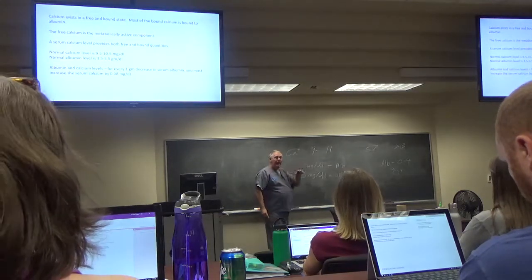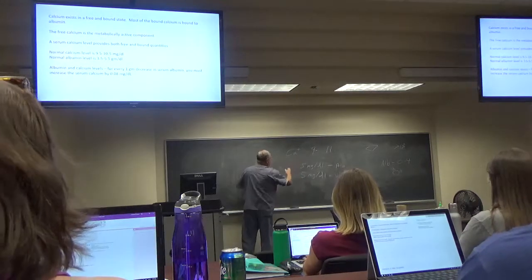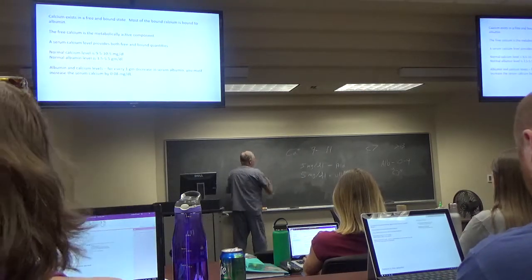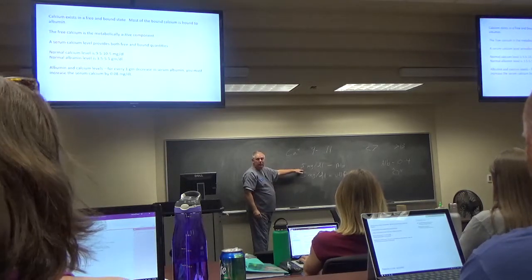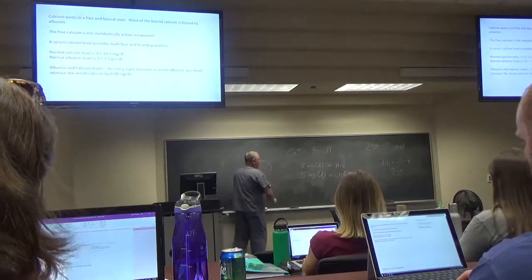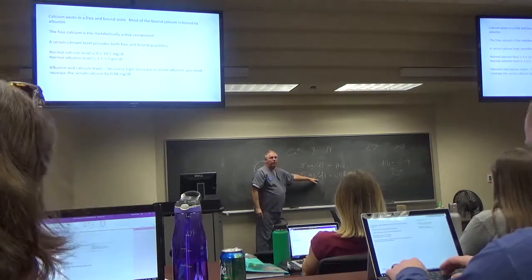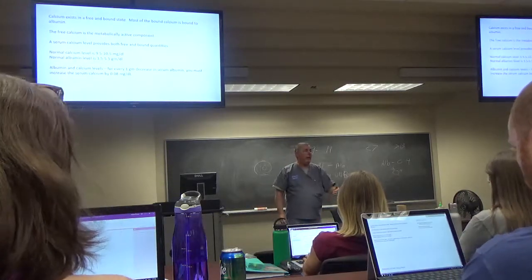That means if I get a calcium level, let's say the calcium level is 10, well, 0 of it is bound. That means all 10 is unbound. That means all 10 is physiologically active.